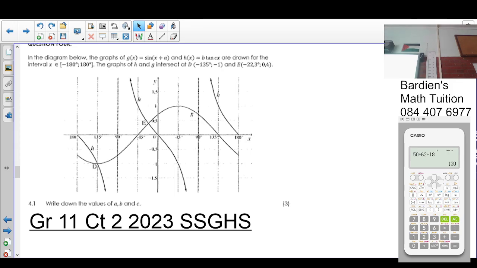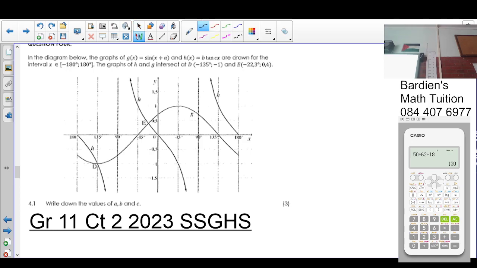Then the graphs of g and h intersect at D, which is negative 135 and negative 1, and then E, which is negative 26 comma 3 and 0.4.